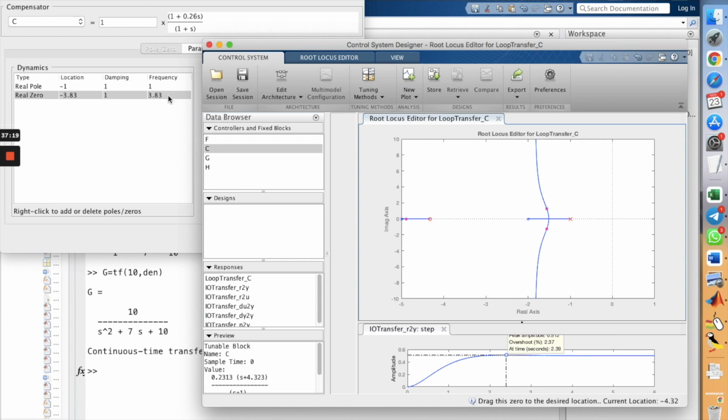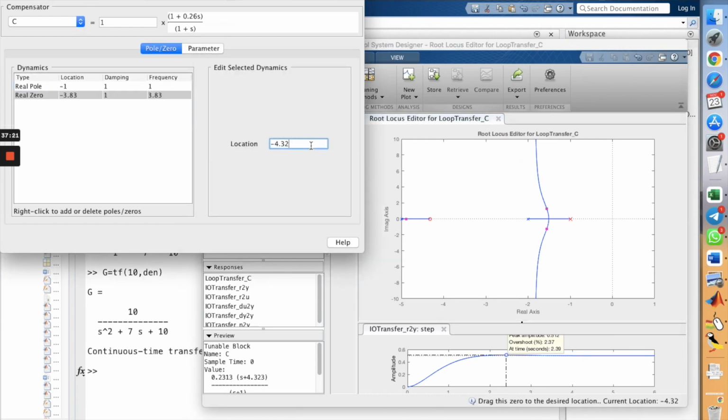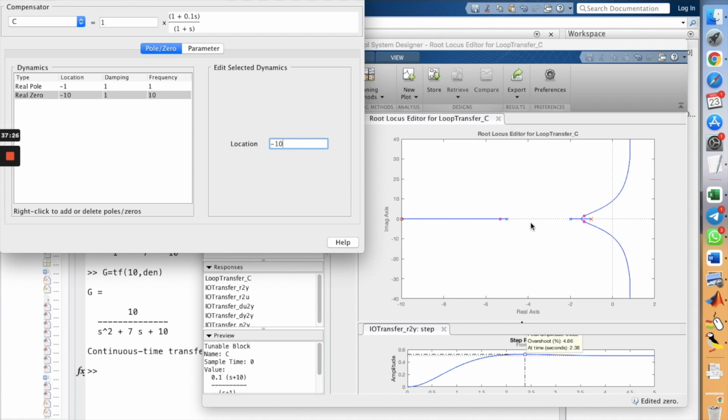So let's say I just want to put it at -10. You can see here the effect of the zero is no more significant because it is actually like the original one. It bends to the right.